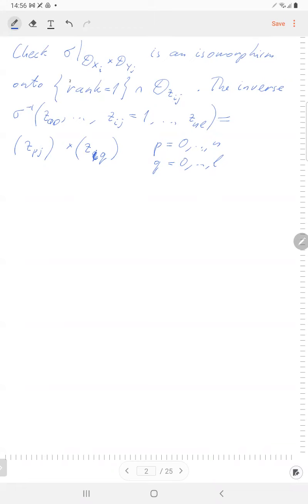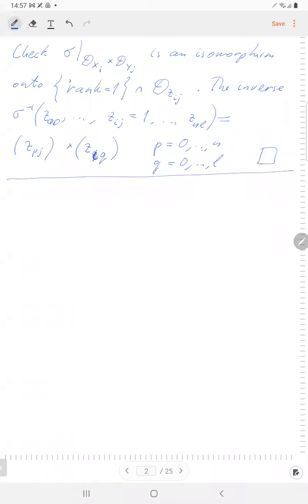Okay, and that's it. So we constructed the inverse isomorphism and proved that sigma is an isomorphism on the open subset. Okay. So this is very important.